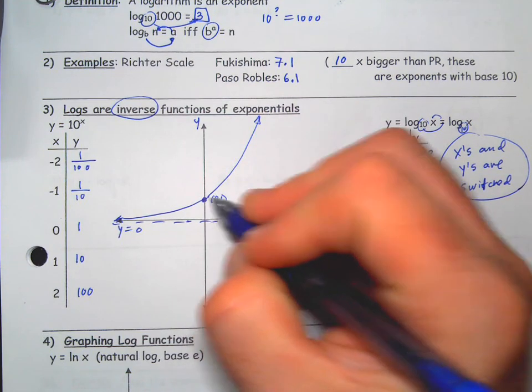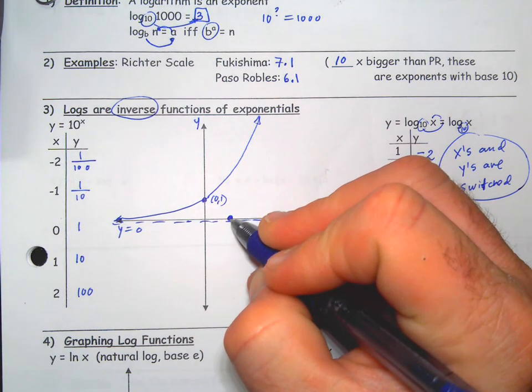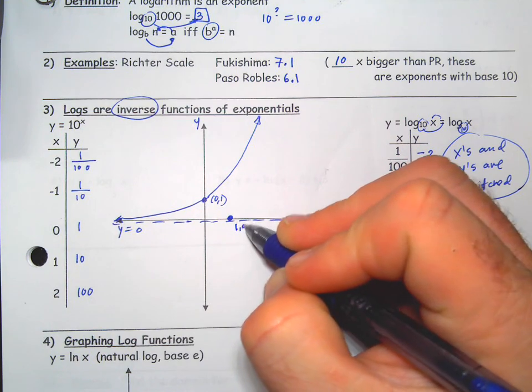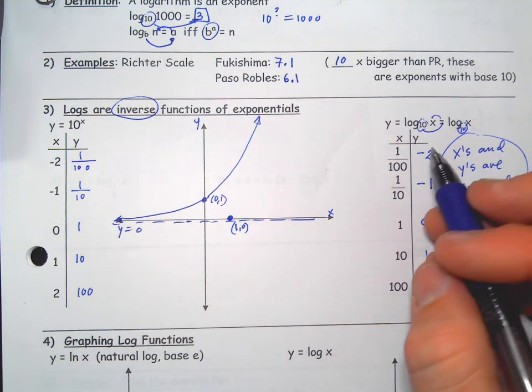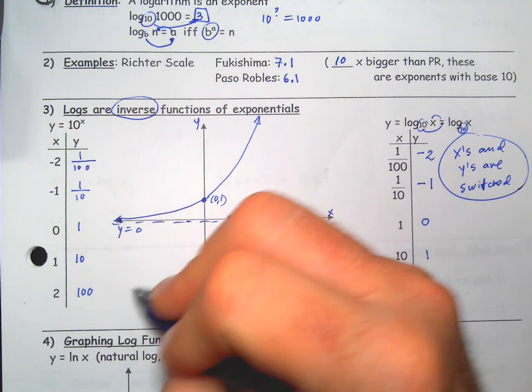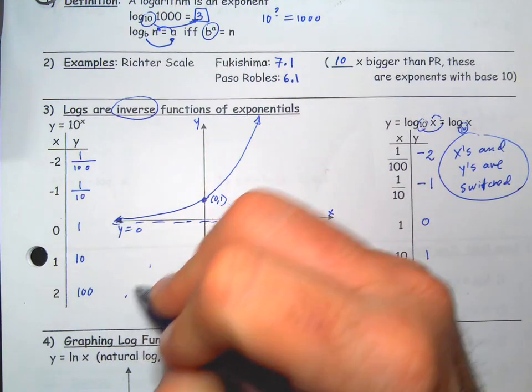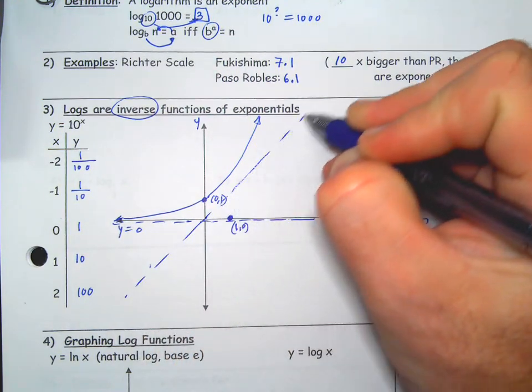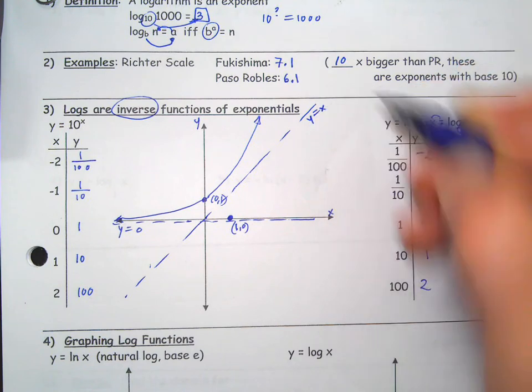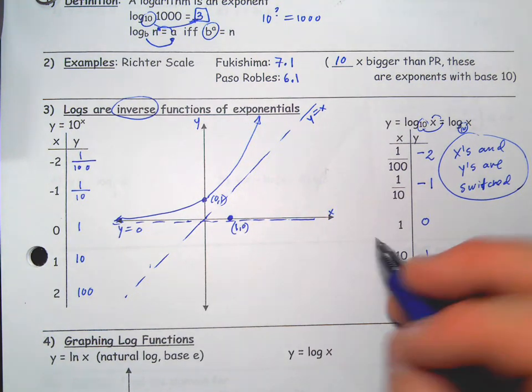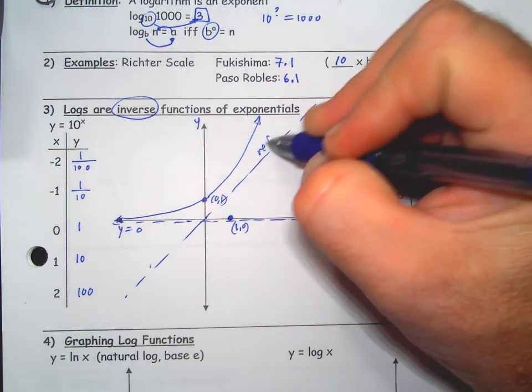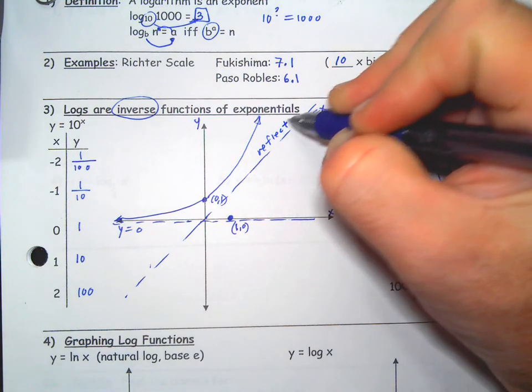So that means 0, 1 becomes 1, 0. Visually, when you swap all the x's and y's and graph them, if you graph the line y equals x through the origin, a 45-degree angle, it looks like the graph gets reflected across it.